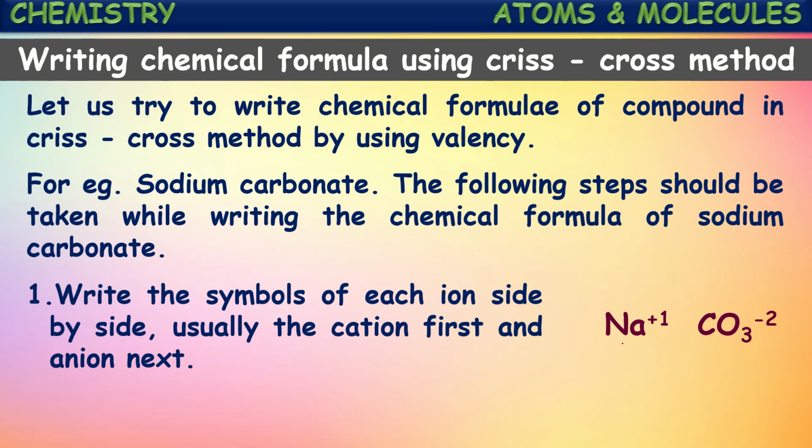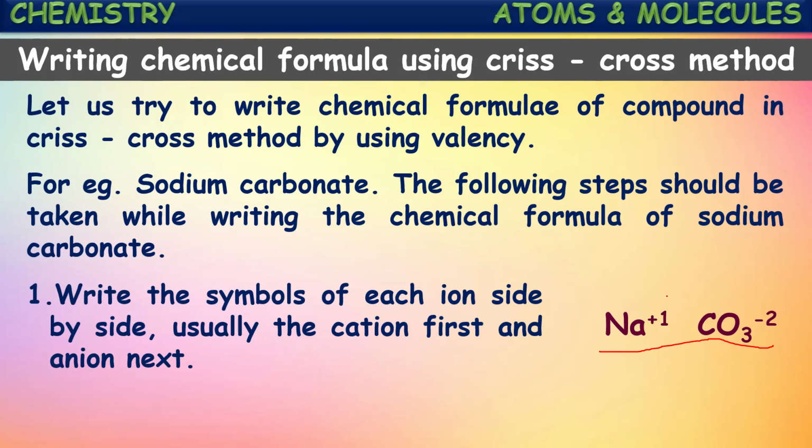Now we will go step by step. Write the symbols of each ion side by side, usually the cation first and the anion next. That means simply, while writing the molecular formula of a molecule, first identify the positively charged and negatively charged ions present in it, cations and anions.